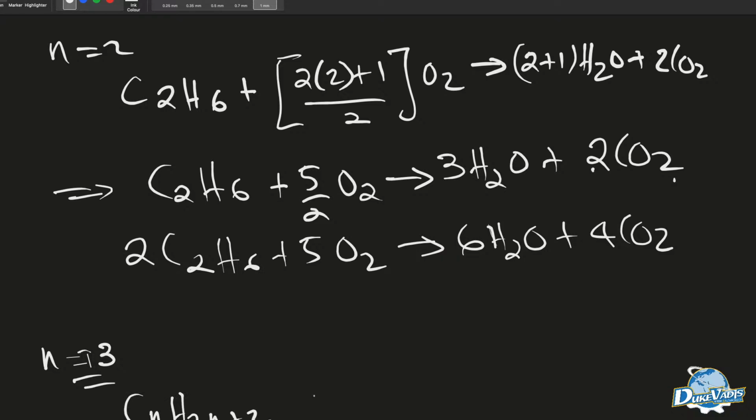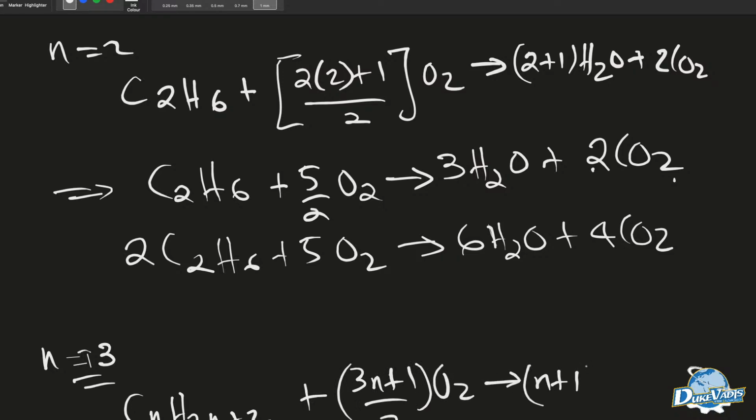CnH2n+2 plus (3n+1)/2 oxygen, (n+1) water, plus n CO2.